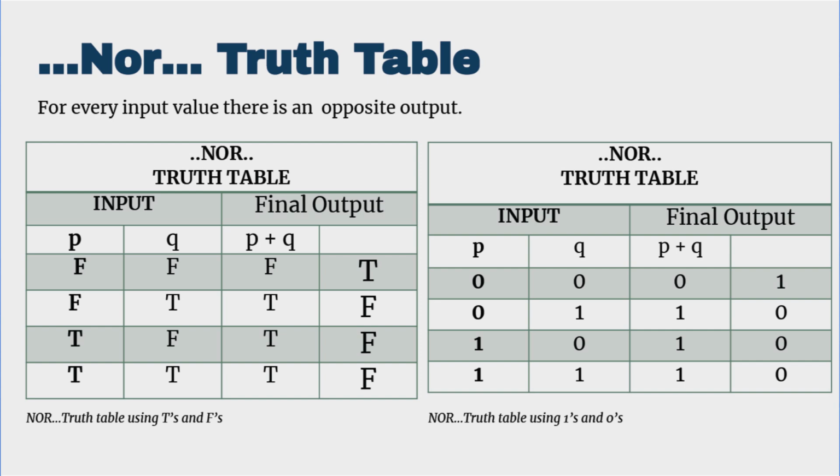Remember that in the OR table, for any true input you will always have a true result, and you can only get a false output if both or all the inputs were false. But this is going to happen in reverse in the NOR table, okay?